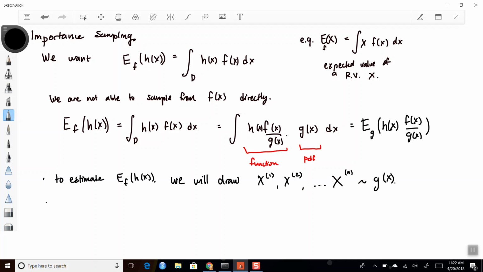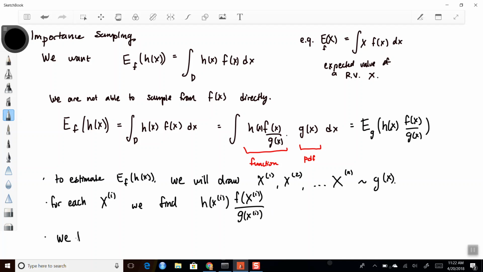And then for each xi, we find h of xi times f of xi over g of xi, okay?